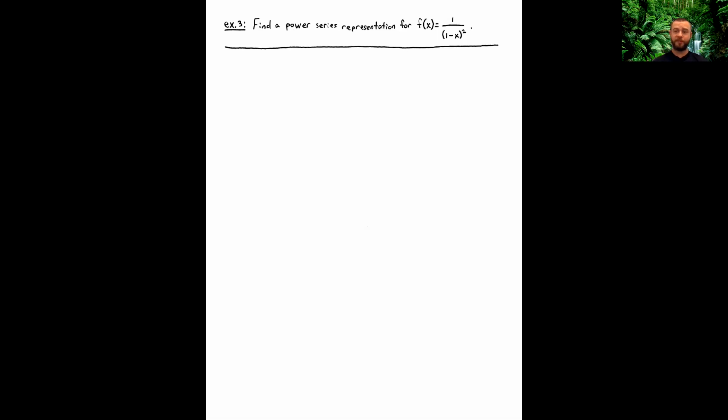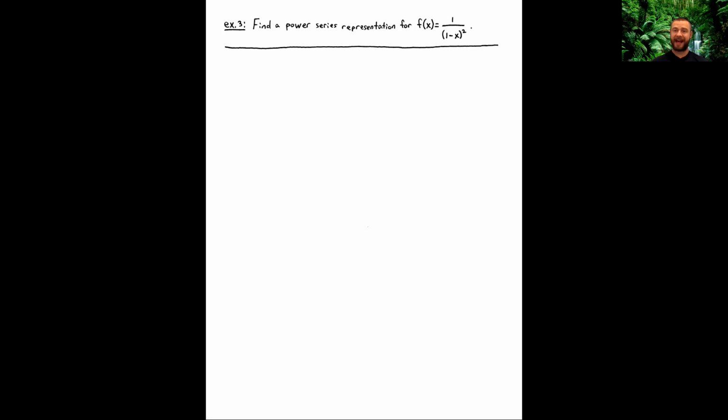Now, what I'd like you to do is make an attempt at this. You have to get a little creative now. We're no longer relying on algebraically manipulating our function to fit the form 1 over 1 minus something. For these examples, after our term-by-term differentiation or integration theorem, we're going to want to try to differentiate or integrate 1 divided by 1 minus something.